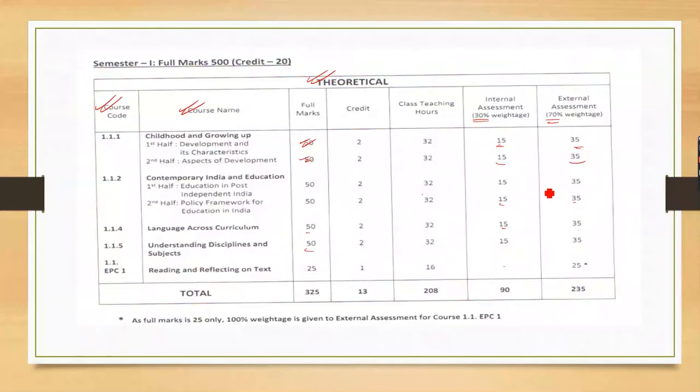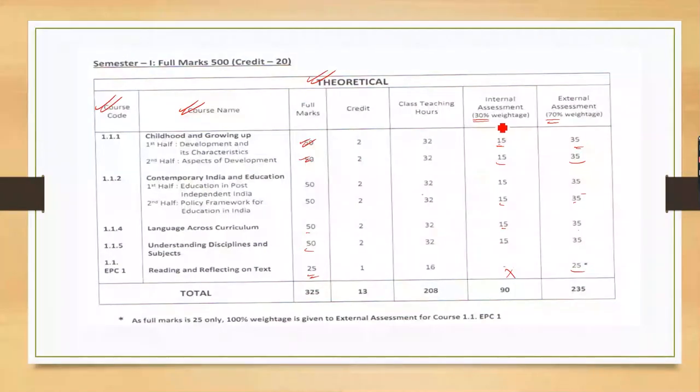Here also 15, 35, 15, 35. Now, slightly different is the 1.1 EPC course, which is reading and reflecting on text, for which you will not be having any internal assessment. As you can see, you will directly be having the external assessment for 25 marks. Here, since you are having only external assessment, so this 25 will be taken as your full marks here.